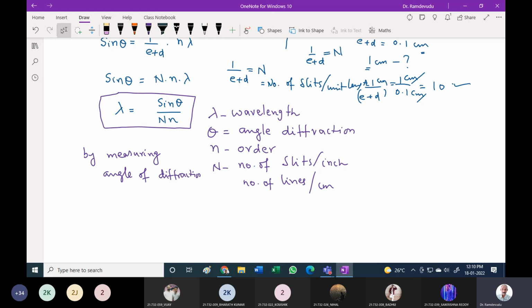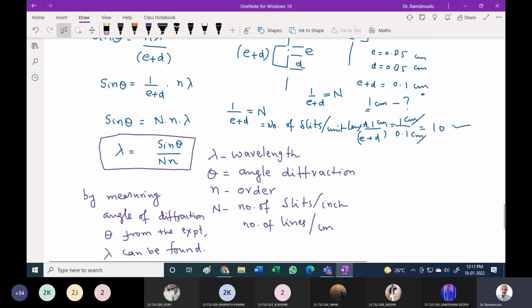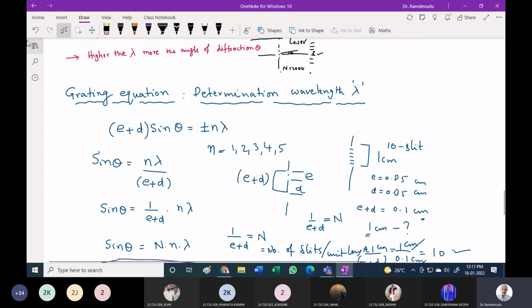In both experiments, from the angle of diffraction theta, lambda can be found. You have to substitute small n and capital N. This is called the grating equation, which we have used in the earlier class. Now we solve some problems based on the equations which we have derived.